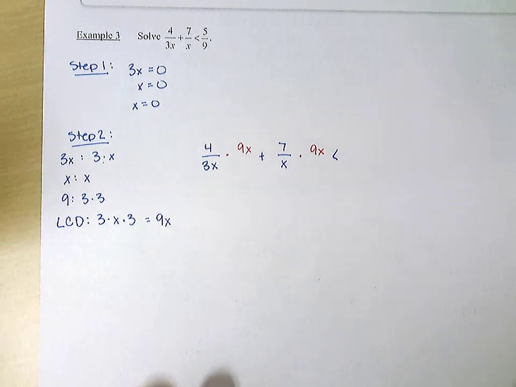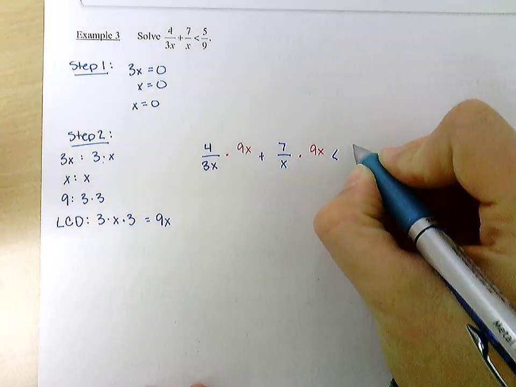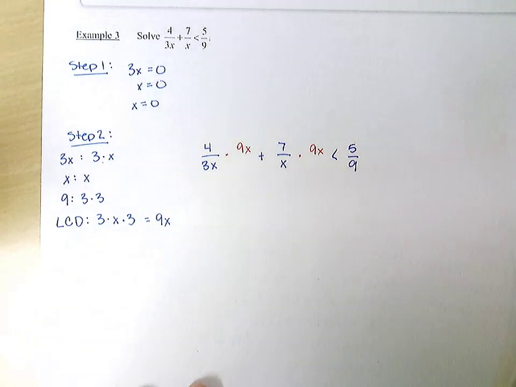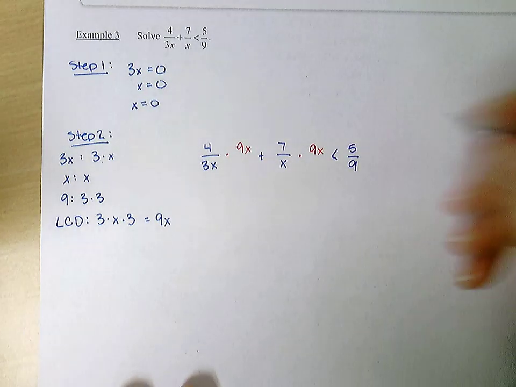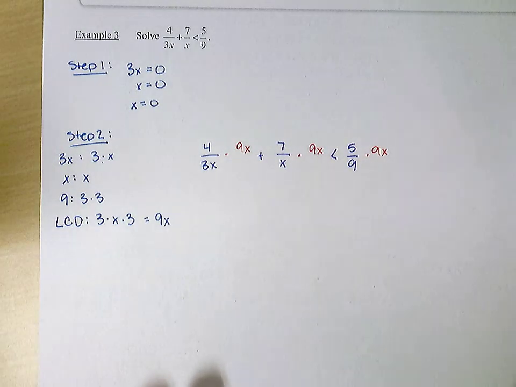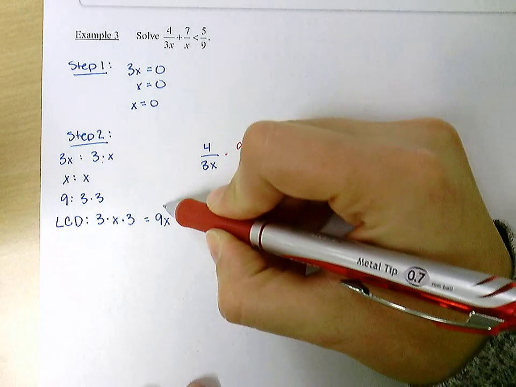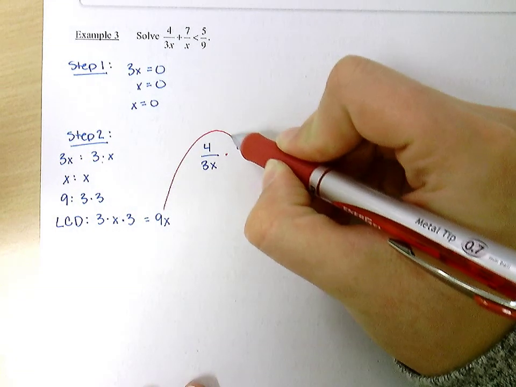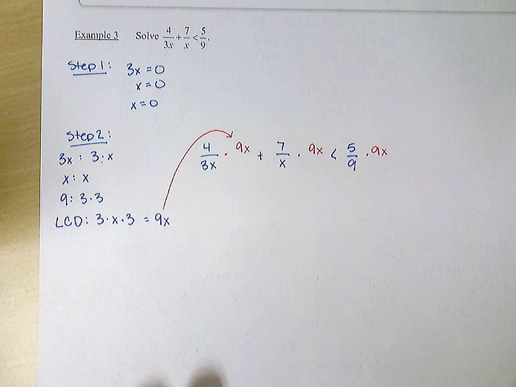That's less than 5/9. And again, you multiply that one by your least common denominator, which is 9x. So I'm just bringing the least common denominator I found up here.